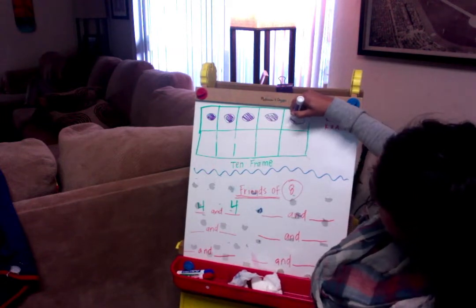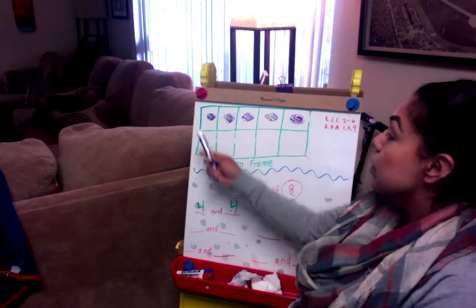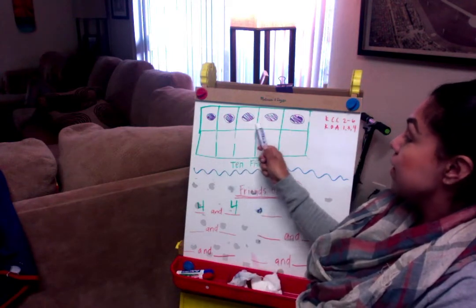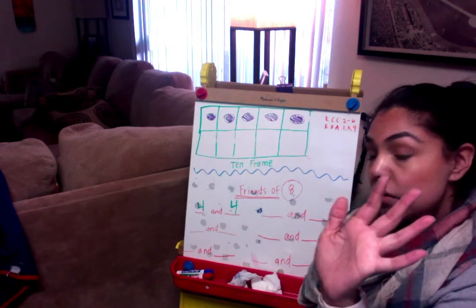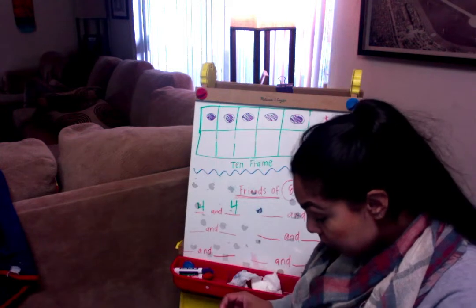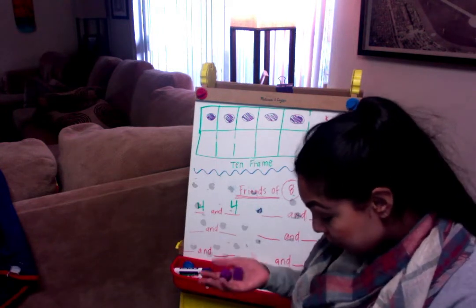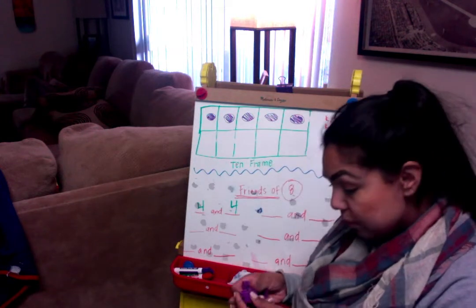Now I have how many circles in purple? Here we go. 1, 2, 3, 4, 5. I have 5 purple circles. So I'm going to grab 5 purple blocks. I think I have 5 purple blocks, so I will check in here and I will put them together.